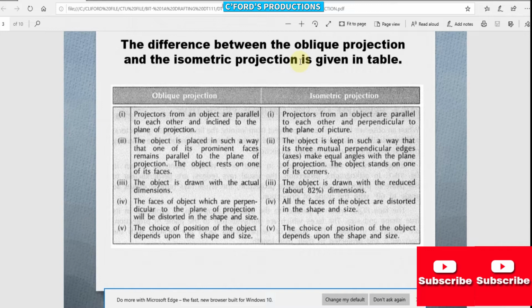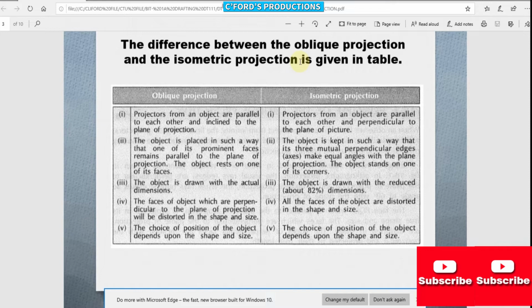Second, the object is placed in such a way that one of its prominent faces remains parallel to the plane of projection. The object rests on one of its faces.